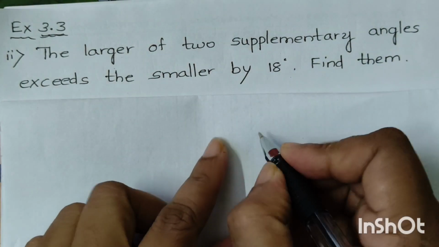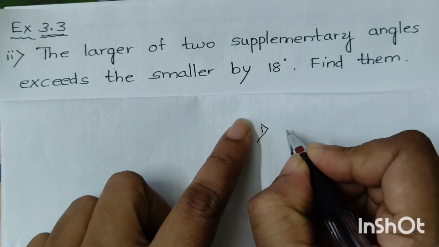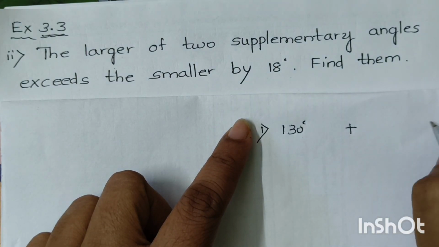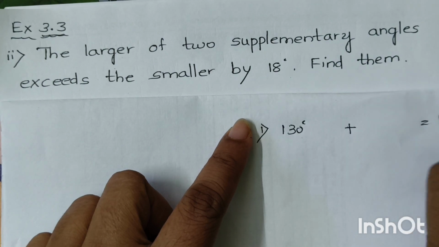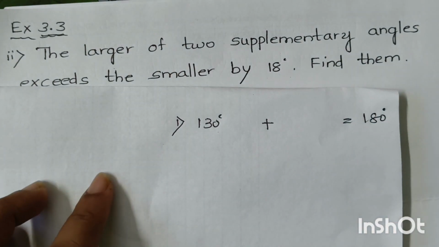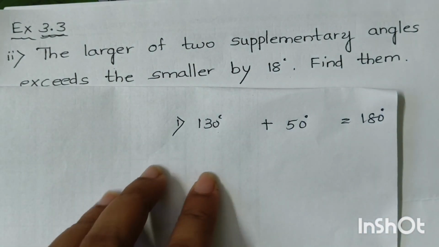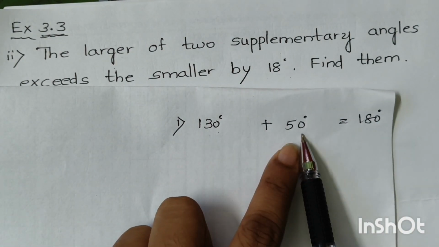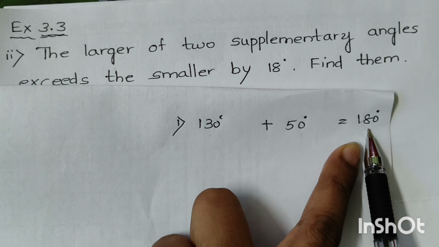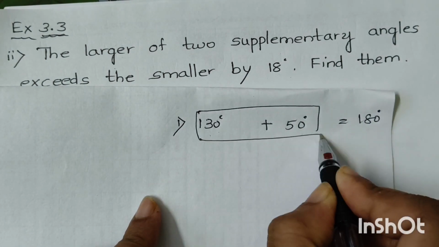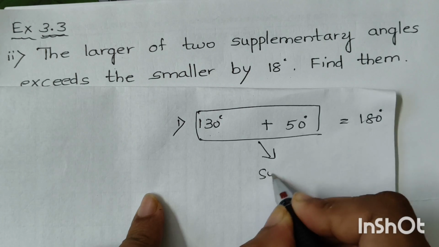For example, for 130 degree, how much do I have to add to get 180 degree? 50 degree I have to add, isn't it? For 130 degree, I have to add 50 degree to get 180 degree. Then these two are called supplementary angles.